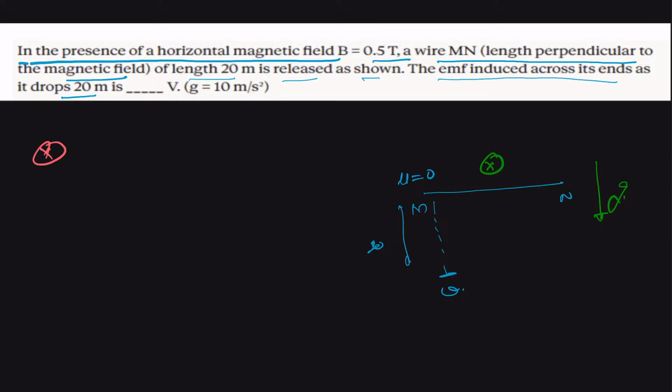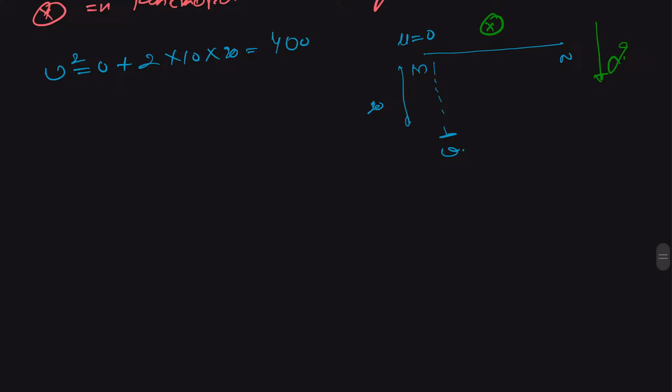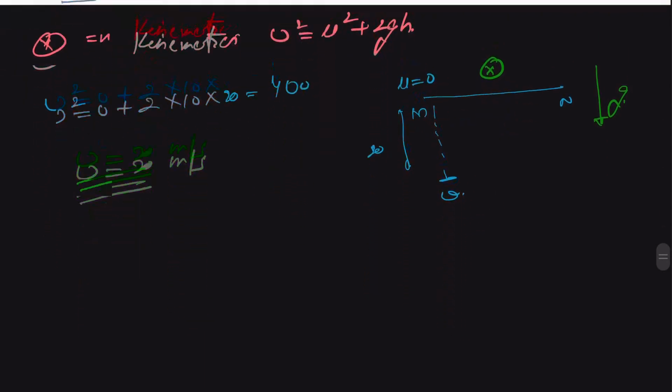We can use the equation of our kinematics, that is our v square is equal to u square plus 2gh. u is equal to 0, so we get our v square equals 0 plus 2 times 10 multiplied by 20, which comes as about 400. So we get our v is equal to 20 meter per second. It's in meter, I think. Yeah, 20 meter per second.